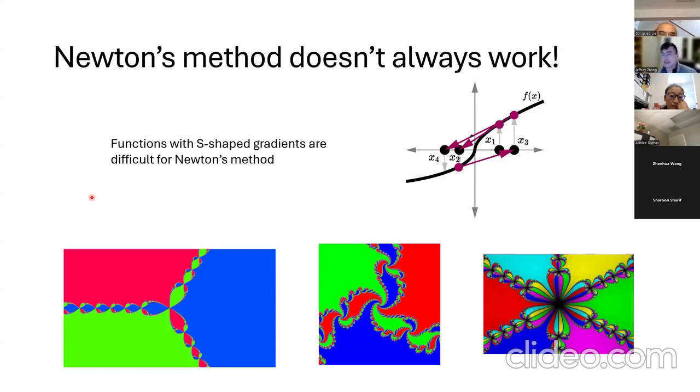This is a good way to visualize the stability, or in the case of Newton's method, often the instability of Newton's method. You can visualize where it converges and where it doesn't, and you can observe that there's a lot of unpredictable behavior you can get if you just use Newton's method.